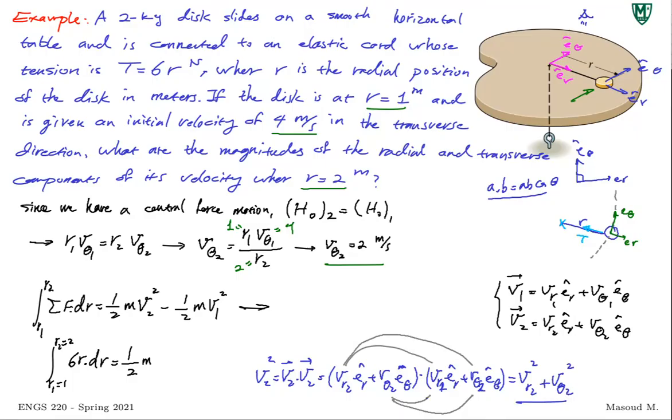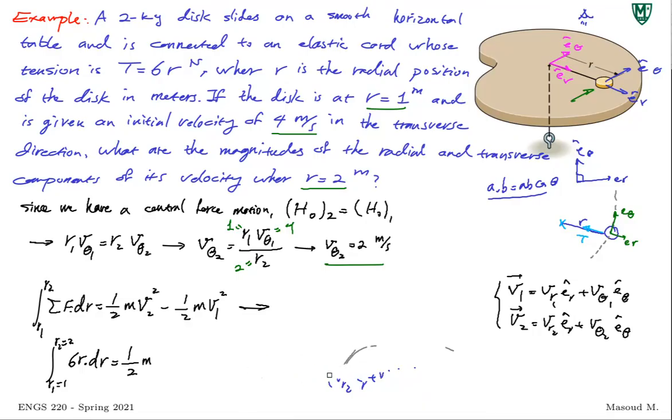Same story for v1. You can just write and do the cross dot products, and you'll get vr1 squared plus v theta 1 squared. Hopefully that makes sense to you. All right, so we plug in those values.